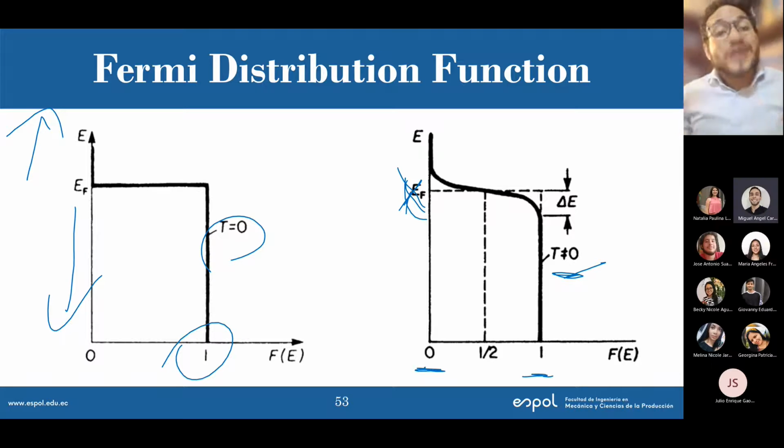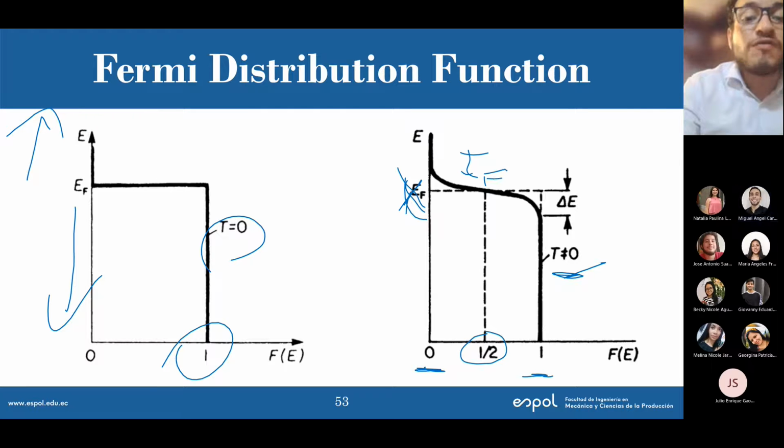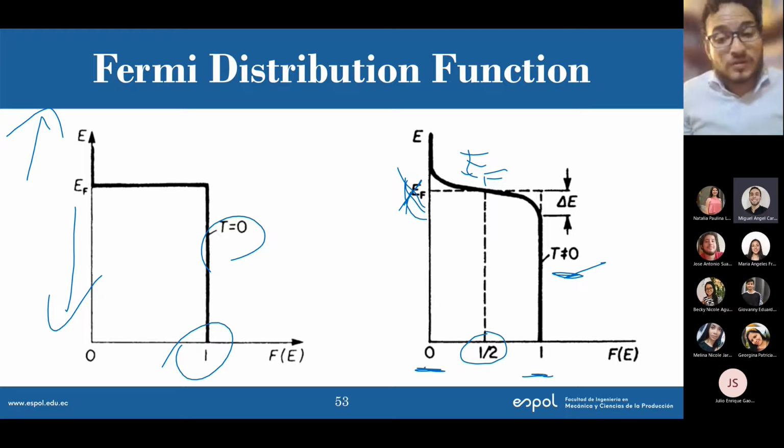So what they did is, okay, let's see where the probability becomes half, and let's use that to define the Fermi energy. So that's how they define the Fermi energy. They said, let's define it at the energy level where the probability becomes a half.